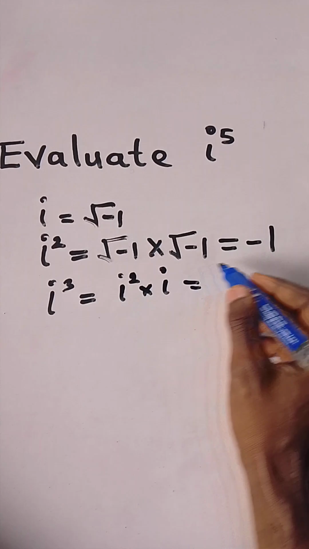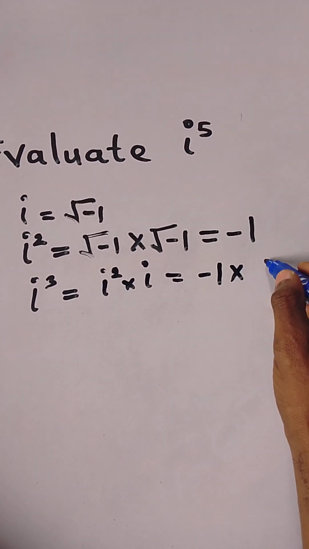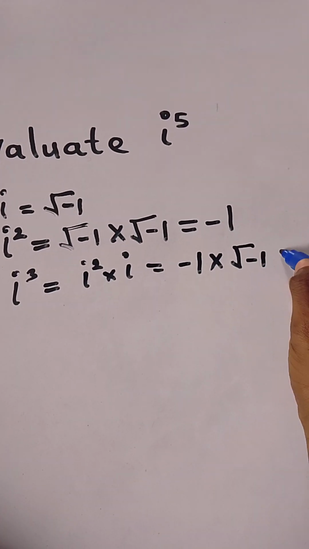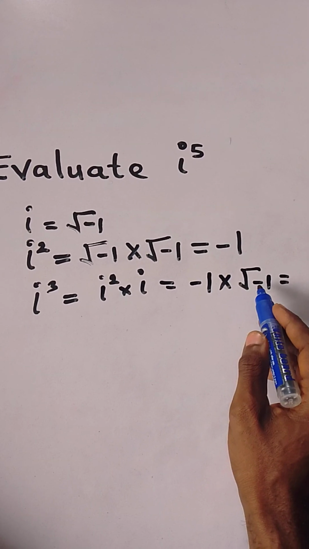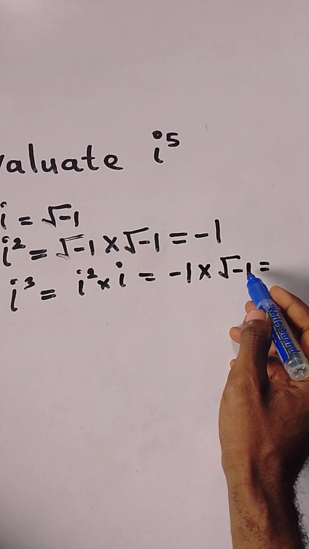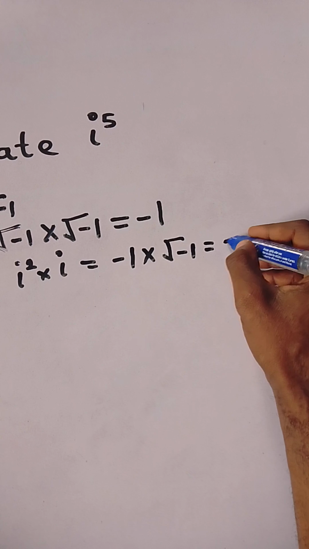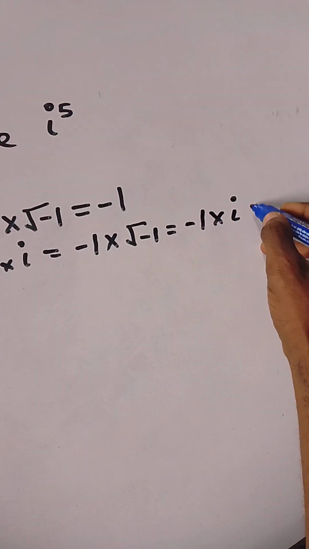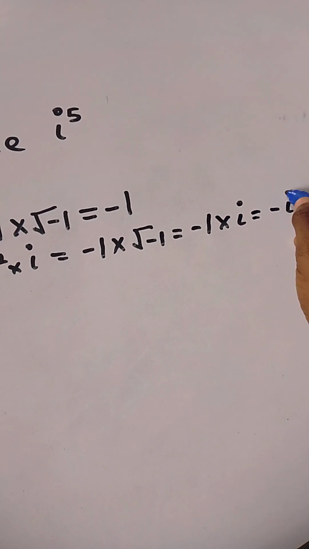We know that i raised to power 2 is -1, times i, where i is the square root of -1. Remember that the square root of -1 is i. So we can say that this is -1 times i, which will be equal to -i.